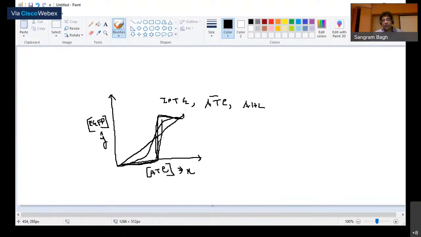If I want to develop that 3-input AND gate, I have to experiment for each of these chemicals, ATC, IPTG, and AHL, and in each and every case I need this kind of sharp transition. Otherwise, what I am calling a 3-input AND gate is not an AND gate.